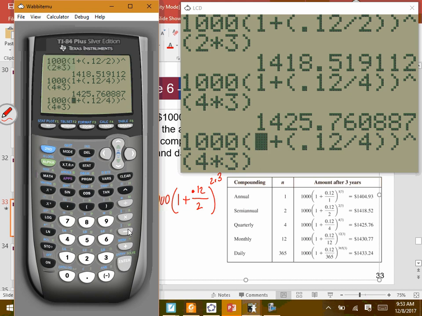Come up here. Now the 4 needs to go to a 12, right? So if I highlight and just start clicking 12, it's actually going to go over my parentheses. So I need to use the insert key. I go to the 4, hit second, and then delete, which is the insert key. It should change my cursor, and the next button I push will put a number in front of the 4.